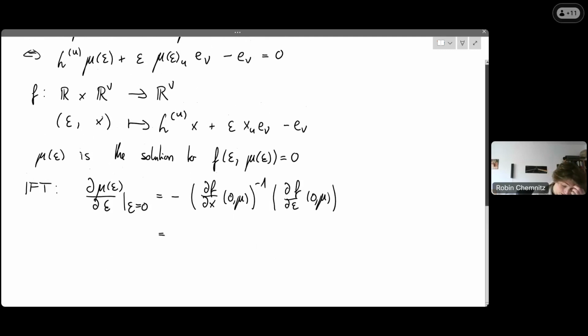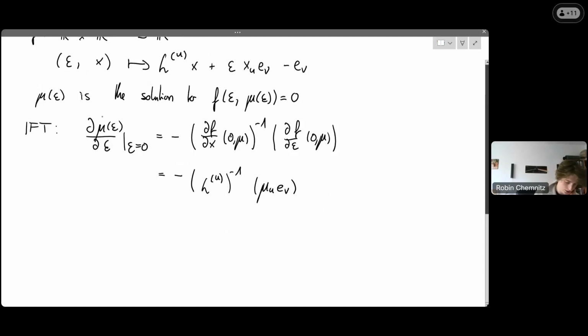And now let us insert these terms. If I differentiate here with respect to x, then we get minus L_U to the minus 1 times, and with respect to epsilon, we get mu U e_V.